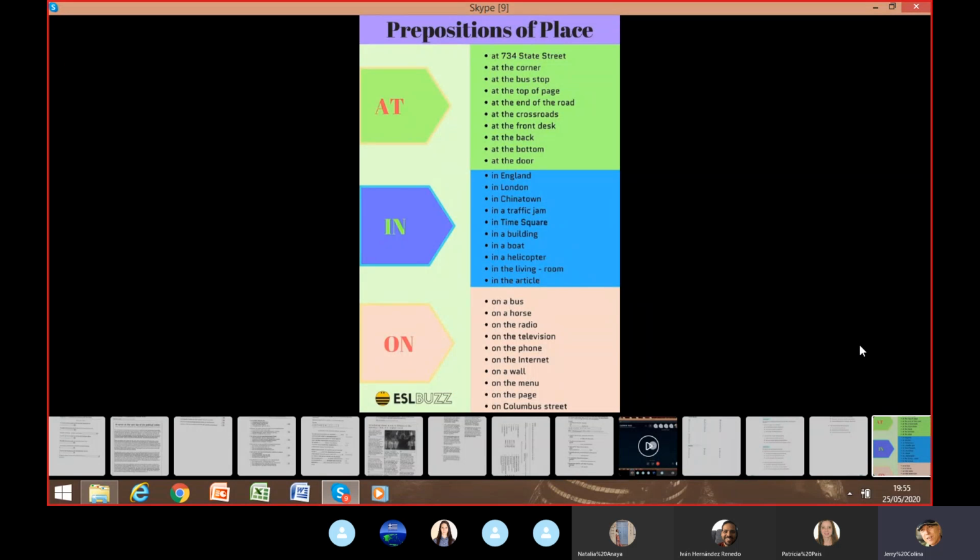This is our topic of vocabulary today. How interesting. The prepositions at, in, on, when they refer to place, because we can use at, in, on to refer to time. But today we have to study at, in, on when they express a place.